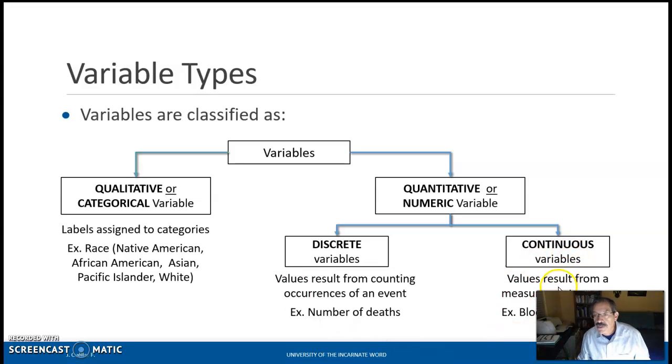Continuous variables result from a measurement process, like measuring the weight using a scale, or measuring the blood oxygen level by analyzing the amount of oxygen in the blood. And this is what we call a continuous quantitative variable, because we're using an instrument to quantify it, to measure it.